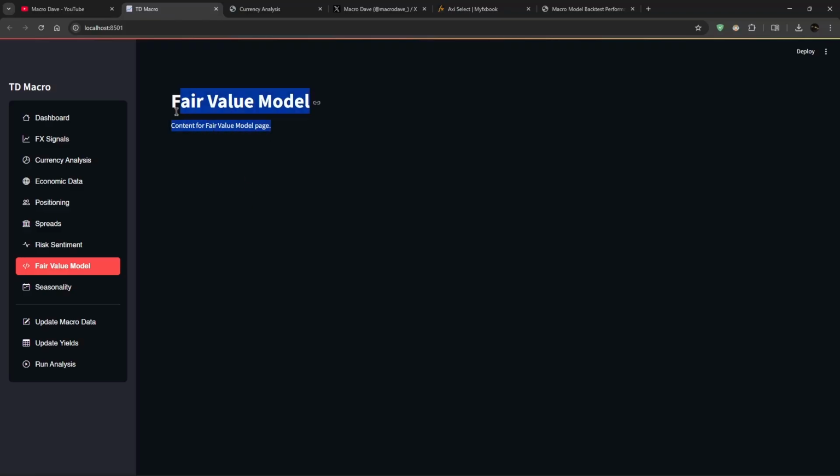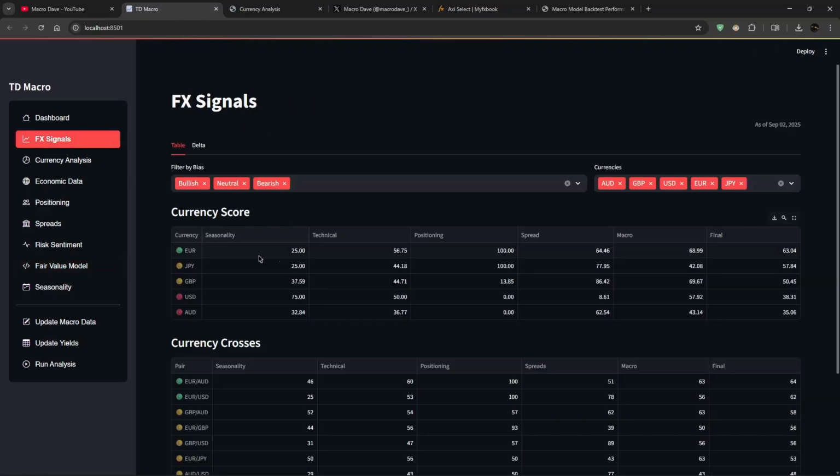And this fair value model is not some ICT concept that looks at when price makes a gap and then says, hey, there's a fair value. No, a currency's value is largely determined by these 5 factors: seasonality, technicals, positioning, spread, and macro. These are factors that have been driving currencies since fiat currencies existed.